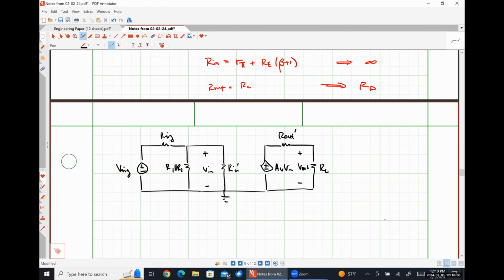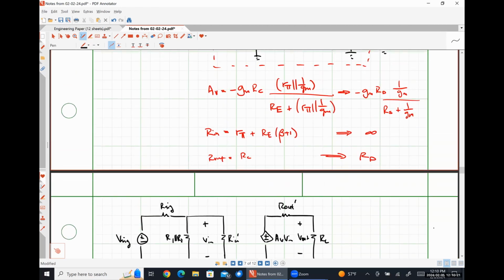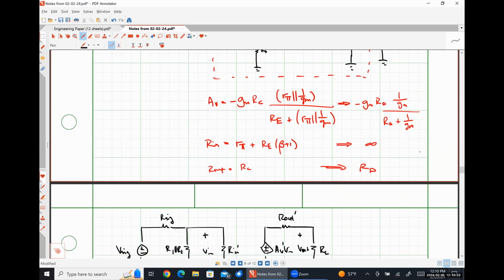So this is the circuit that we're now analyzing, where Rin prime is infinity, Rout prime is RD, and our voltage gain is, let's call this, prime.